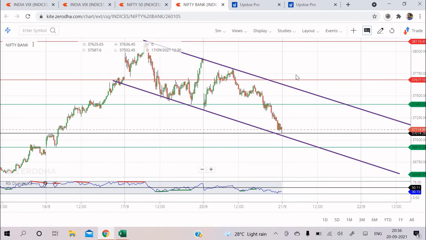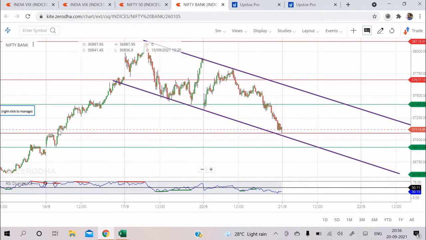This is a 5-minute Bank Nifty chart, and I have marked a channel over here, and these are some important support resistances that the price normally respects. Bank Nifty is in this downtrend channel, and we have closed right at the support of this channel. An important support for Bank Nifty now is 36,915, that is this area.